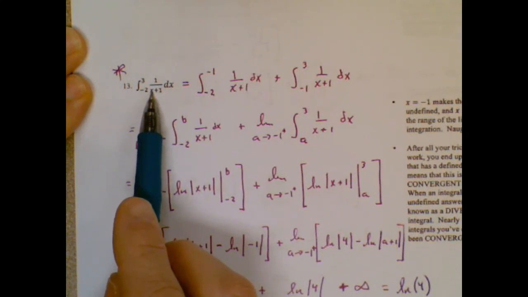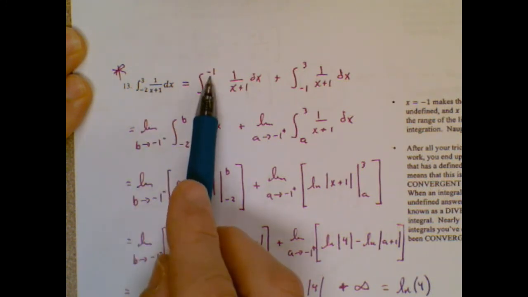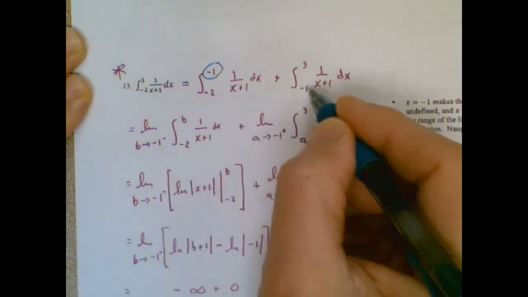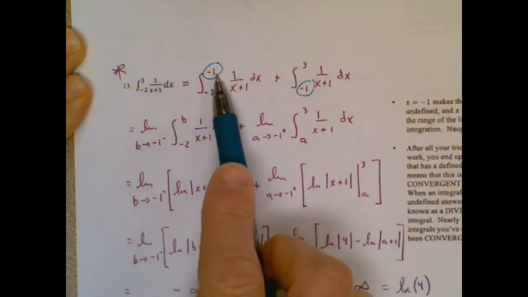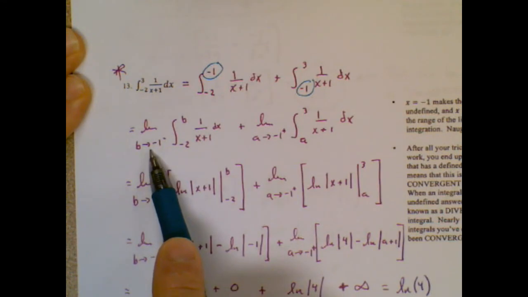So what I'm going to do is think about it this way. What if I went from -2 to -1, and then from -1 to 3? Now I have kind of exposed the problem child. Well, if that's the problem child, replace it with a letter and make it a limit problem.